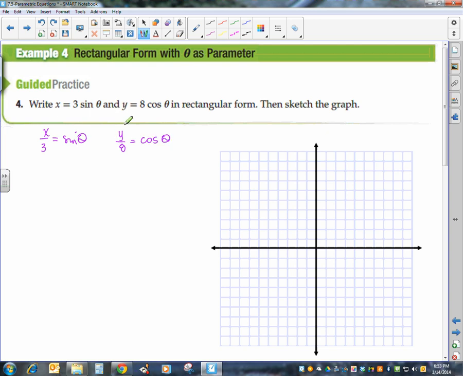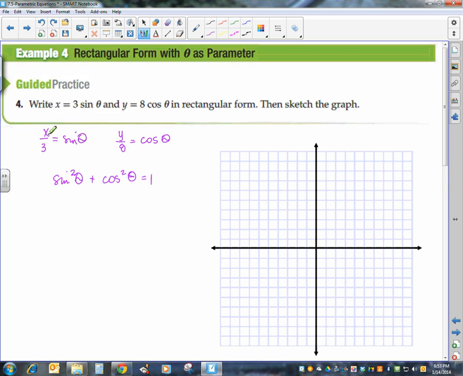Then if I square, we have our identity that says sine squared theta plus cosine squared theta is equal to 1.